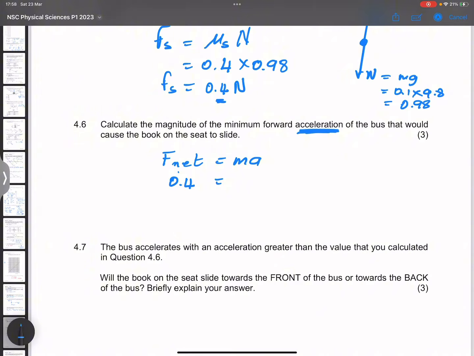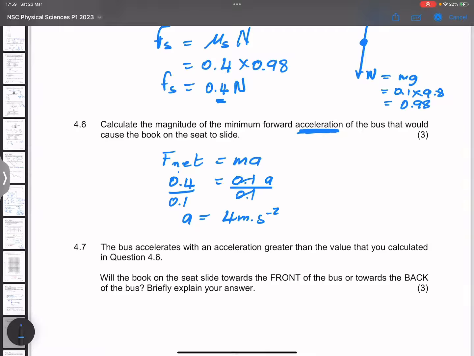And the mass of the book in this case is 0.1, multiplied by the acceleration. So I'll divide both sides by 0.1. So our acceleration must be 4 meters per second squared.